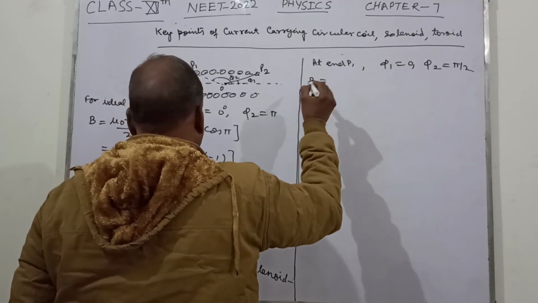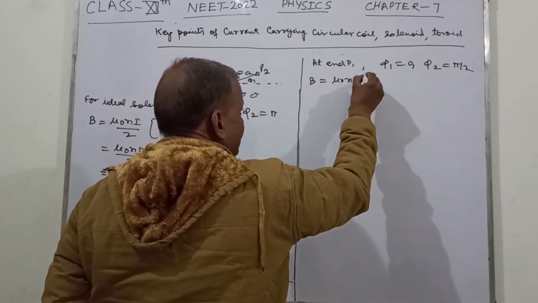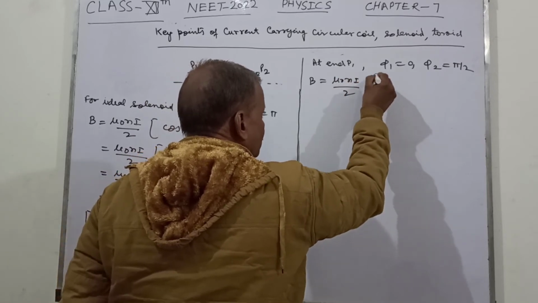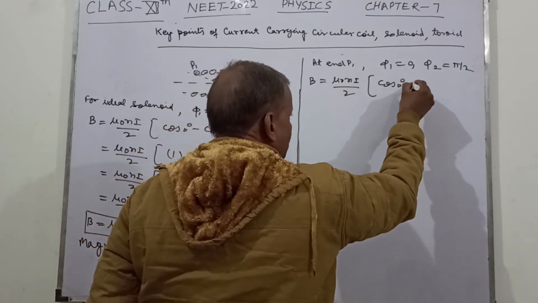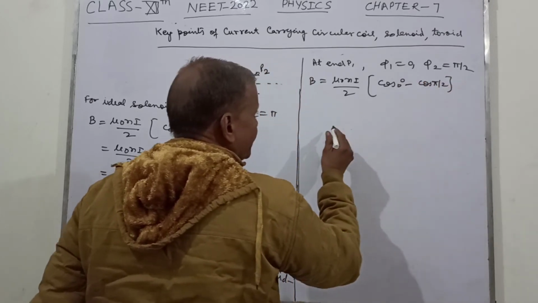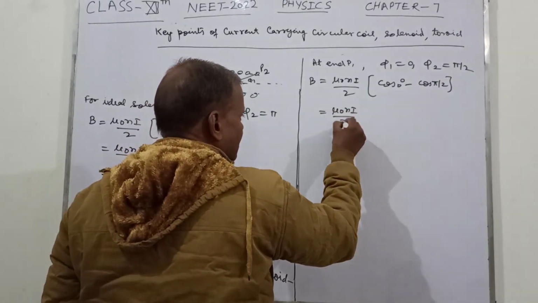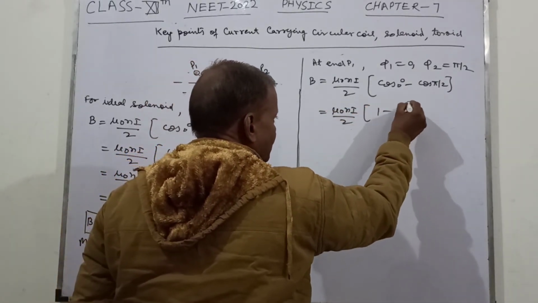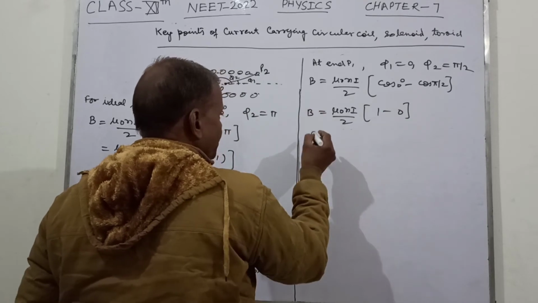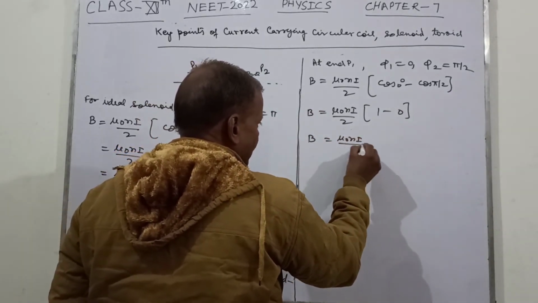B is equal to mu naught Ni upon 2 into cos 0 degrees minus cos pi by 2. Cos pi by 2 is equal to 0, so this is mu naught Ni upon 2 into 1 minus 0. So B is equal to mu naught Ni upon 2.